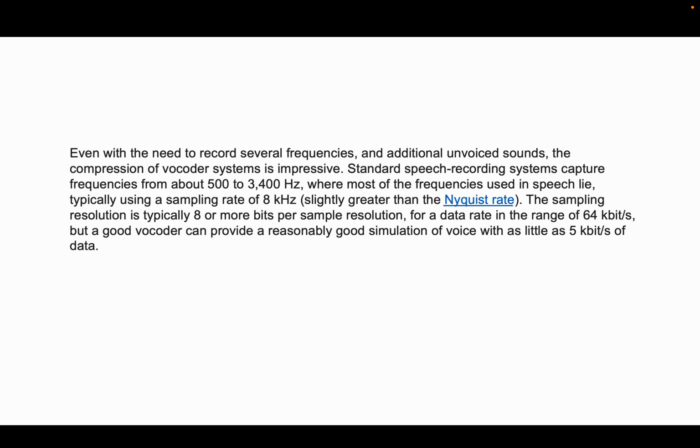The sampling resolution is typically 8 or more bits per sample for a data rate of 64 kilobits per second, but a good vocoder can give you a reasonably good simulation of the voice with less than that, about an order of magnitude or more reduction in data.